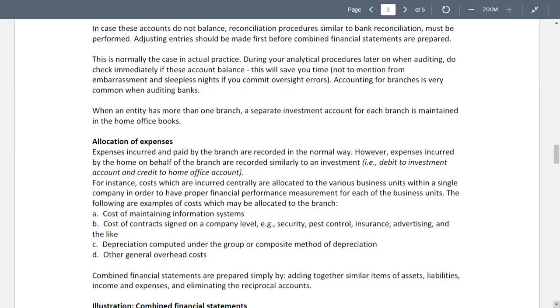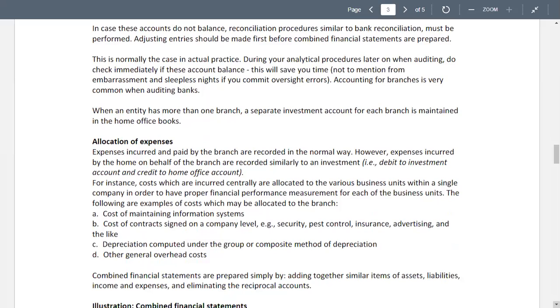For instance, costs which are incurred centrally are allocated to the various business units within a single company in order to have proper financial performance measurement for each of the business units. The following are examples of costs which may be allocated to the branches.